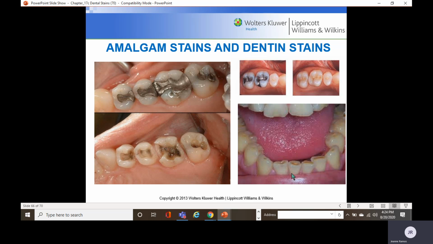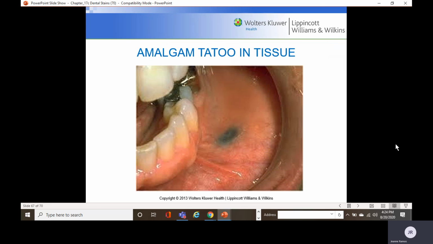From years and years of hitting on each other during speech, eating, grinding at night, whatever, it's worn down this side, and when it wears these edges down, it fractures this upper side a little bit, and on the inside it takes on different kinds of stain.